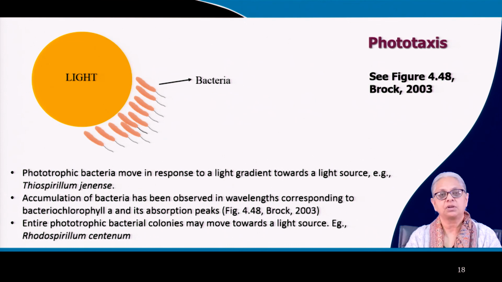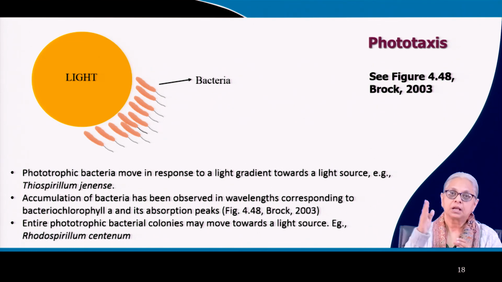Another example that's very interesting is based on the chlorophyll. We know that chlorophyll has absorption peaks at certain wavelengths. So it was found in one particular experiment that if you have a glass slide exposed to different wavelengths of the visible light spectrum, particular species were congregating literally in those wavelengths which corresponded to the wavelengths of the bacterial chlorophyll absorption peaks.